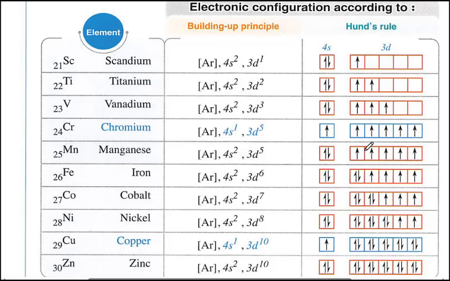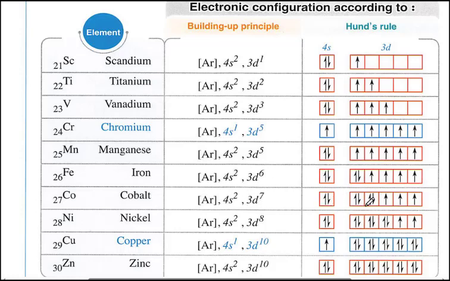Afterward, manganese 25 is 4s2 and 3d5. Pairing takes place from iron, 4s2 and 3d6. The 6 electrons in the 3d: 1 electron, 2, 3, 4, 5, and the 6th electron occupies the first orbital. In cobalt it is the same, but there are 2 paired electrons, as 3d contains 7 electrons.